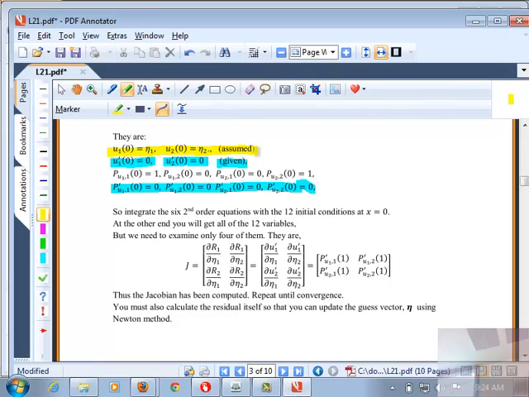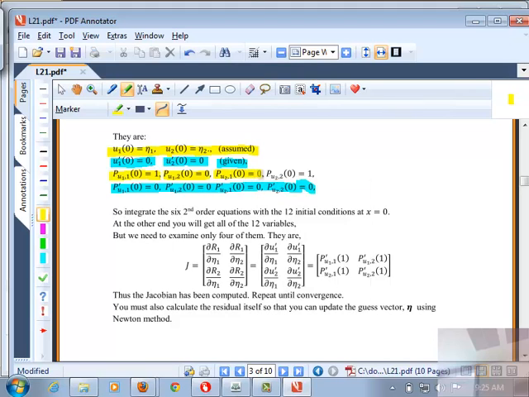If I take the derivative of u1 with respect to eta 2, it's 0 because it doesn't depend on eta 2. That's how I get this term. Okay. And then I go to u2. Derivative of u2 with respect to eta 1 is 0. And u2 with respect to eta 2 is 1. Okay, so I made 2 guesses for eta 1 and eta 2, and now I have all the 12 conditions.